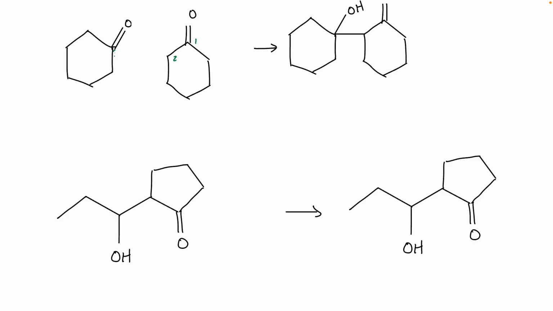I'm going to start counting from my carbonyl carbon to that alcohol carbon, because again, that helps me identify my new bond. Okay, so then to get my reactants, I'm just going to break that bond. Okay, that gives me my first ketone very easily.